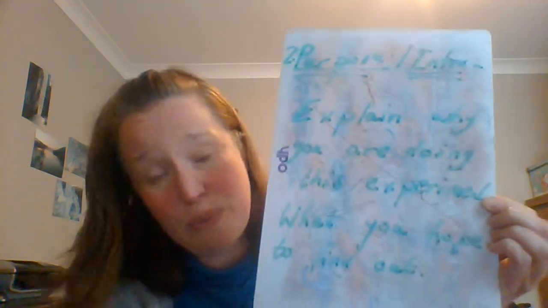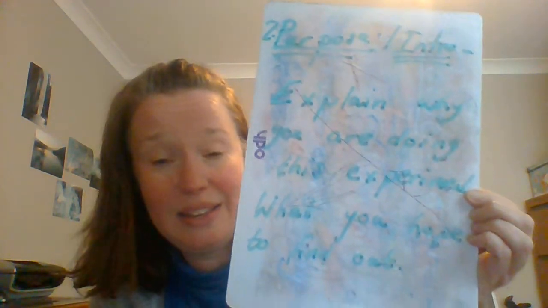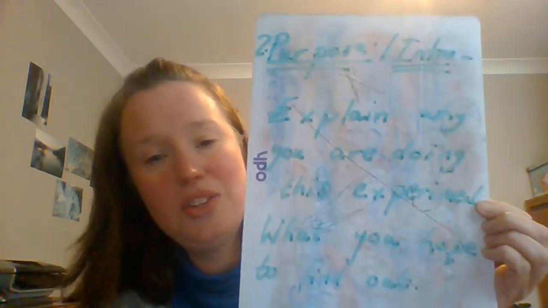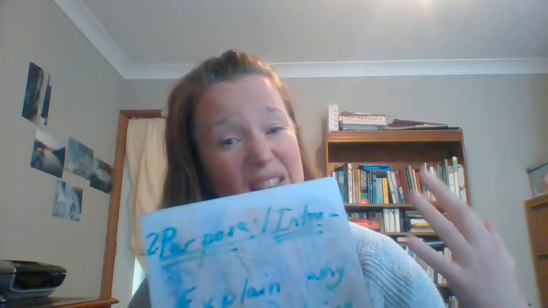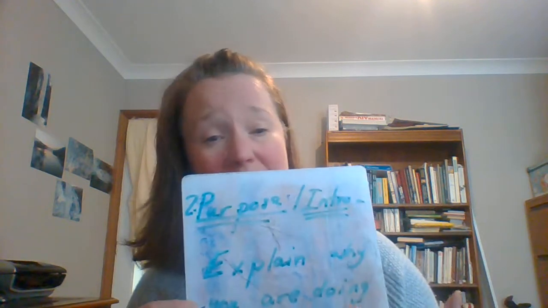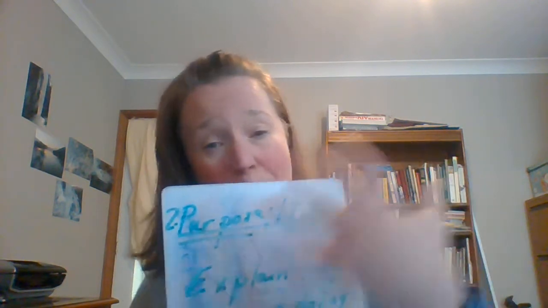Now, for everybody, unlike in a classroom situation, because I've shared this as a home learning task, what my expectation from you is that you have a look at the instructions that I gave to you. And actually, there's a really good set of introduction or purpose sentences there, what the purpose of this experiment was.